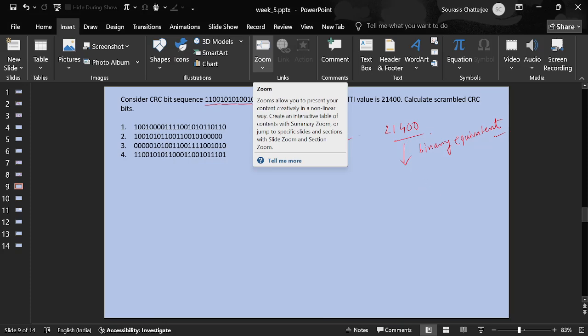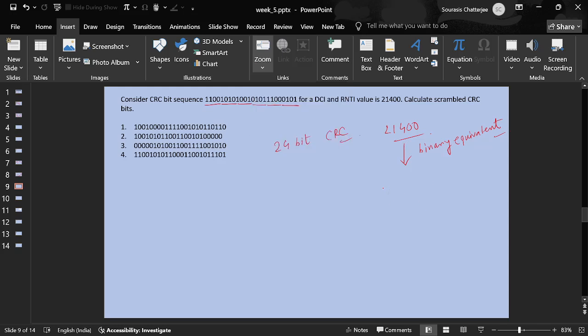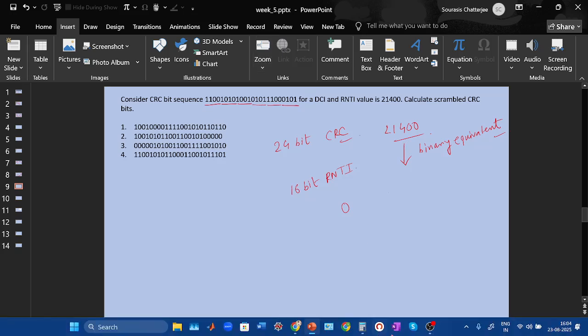So how am I supposed to find the binary equivalent of this one here? It's a 16-bit RNTI. The first one is of course going to be 0 only, because, as you mentioned, it's 32768.